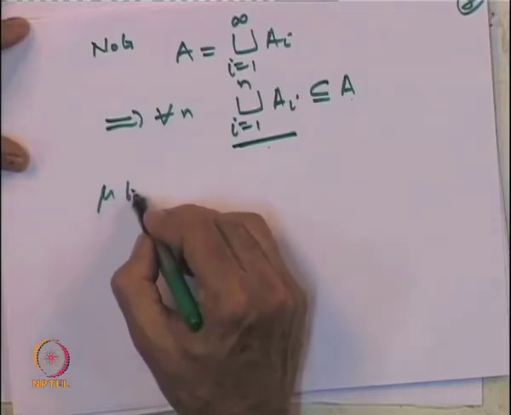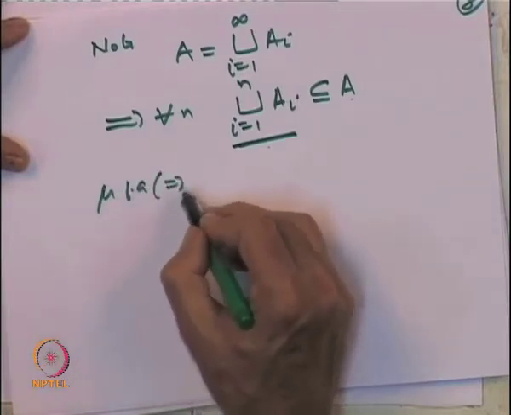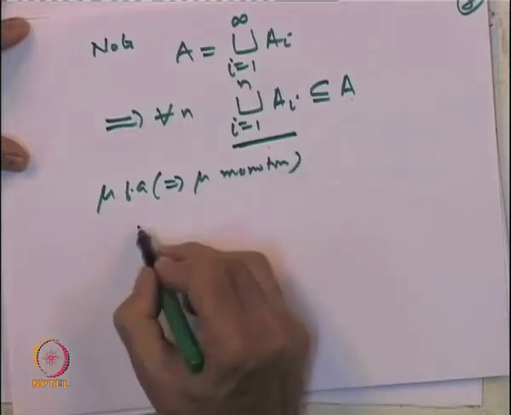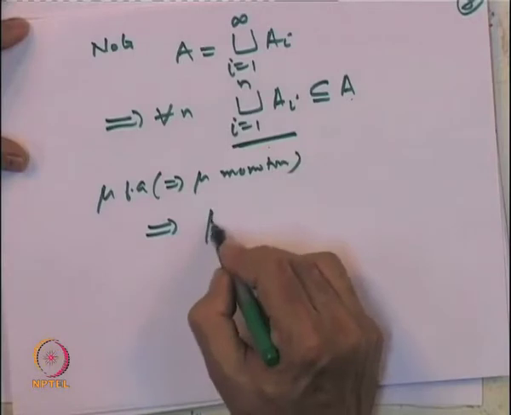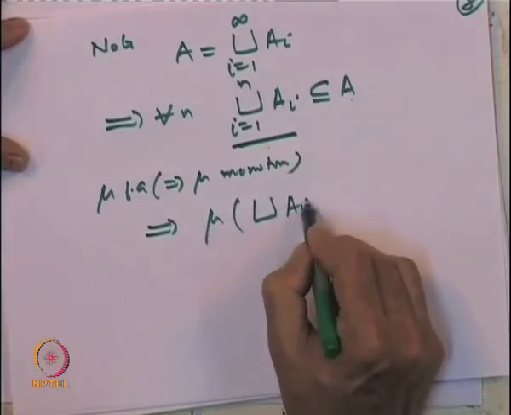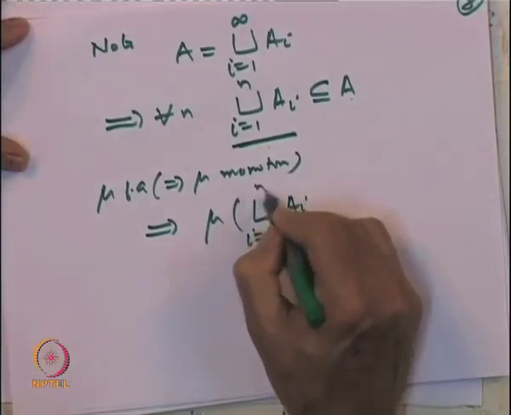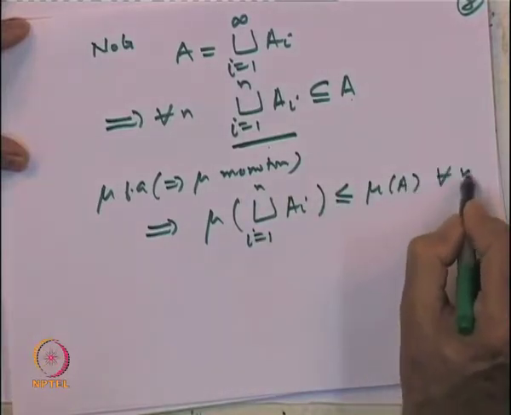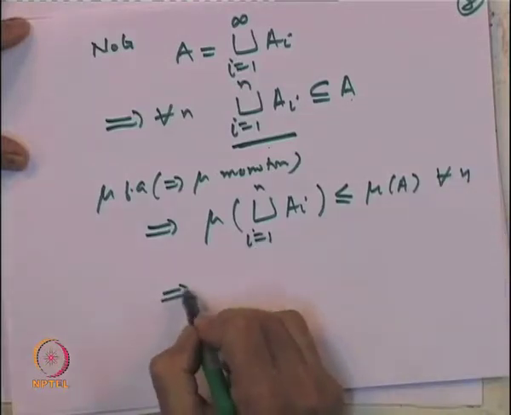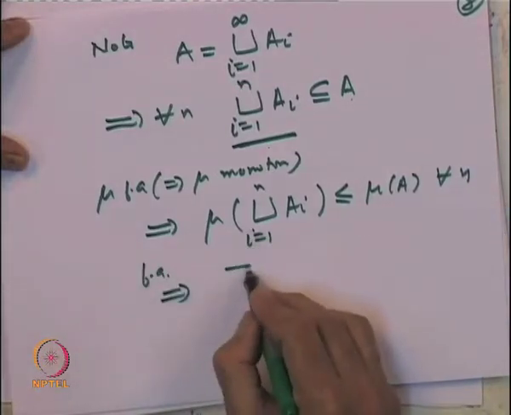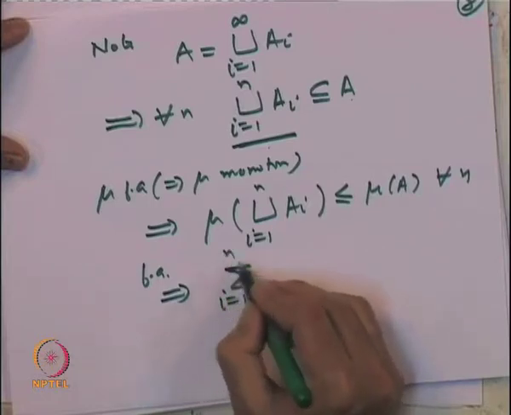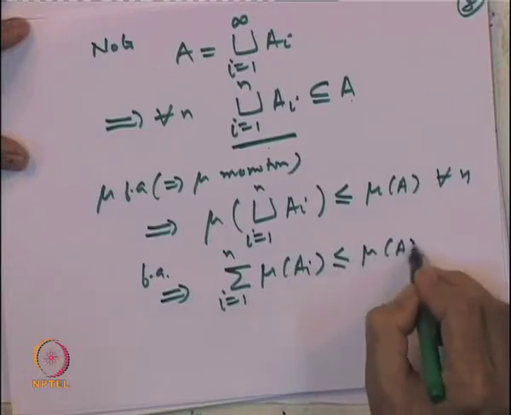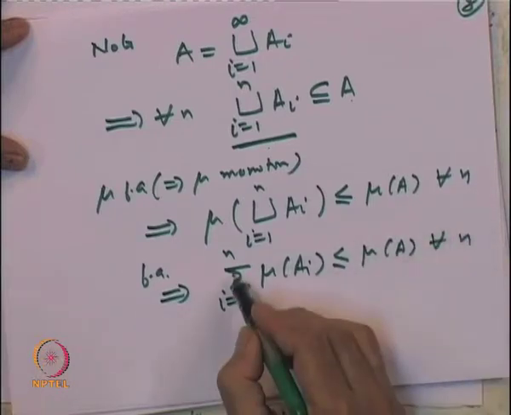Mu finitely additive implies mu monotone, and hence implies that mu of the union of A_i, i equal to 1 to n, will be less than or equal to mu of A for every n. But again, by finite additivity, this is nothing but sigma i equal to 1 to n mu of A_i is less than or equal to mu of A for every n, and this is happening for every n.